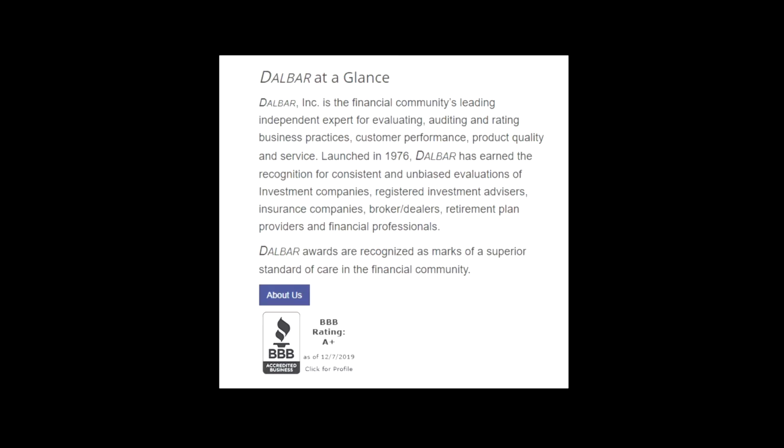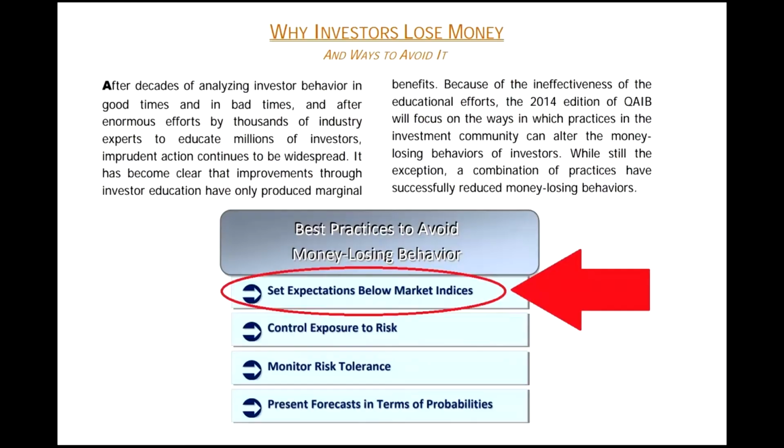And Dalbar, the independent organization that rates and ranks different vehicles and consumer performance in the market and other things, advises that you need to make sure you think that you are going to get less of a return than the actual market index. And I think most people don't have that expectation.